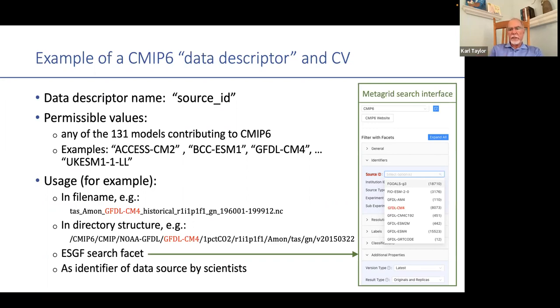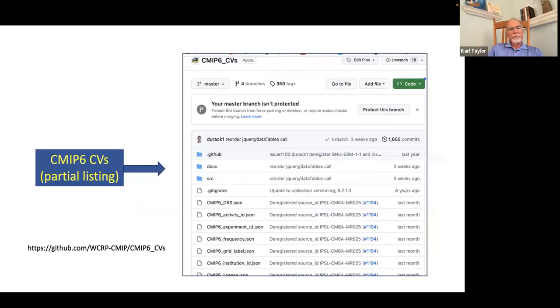And under it, it lists all the models, and the partial listing there that I've blown up indicates that GFDL is, of course, one of those. So the CV values are used in lots of different ways and are fundamental, really, to manipulating data sets, managing data sets, and allowing users to access data sets in CMIP6.